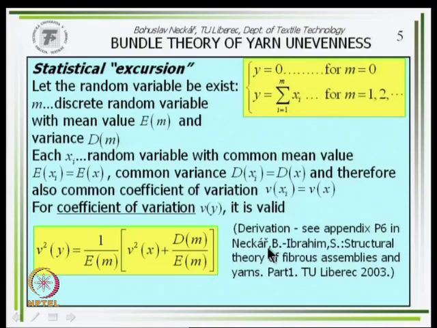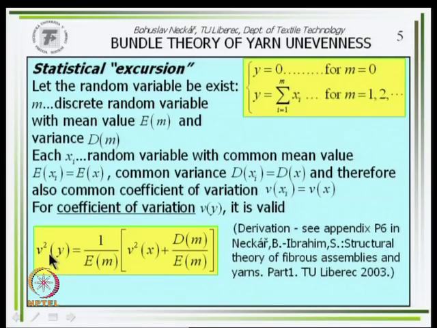Professor Ishtiaq has this book in his library. What is it? The square of the coefficient of variation of such a random quantity y is 1 by the mean of m times the square of the coefficient of variation of x, plus the variance of m by the square of the mean value of m. So this is the result from the theory of probability. This expression we will use more times today.